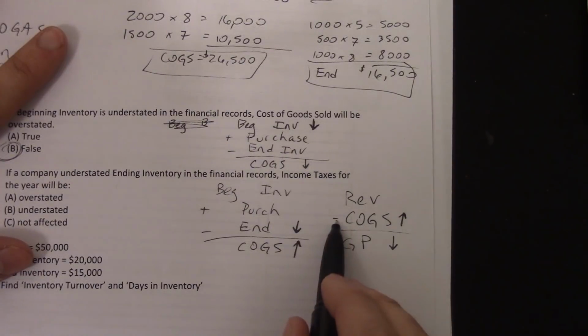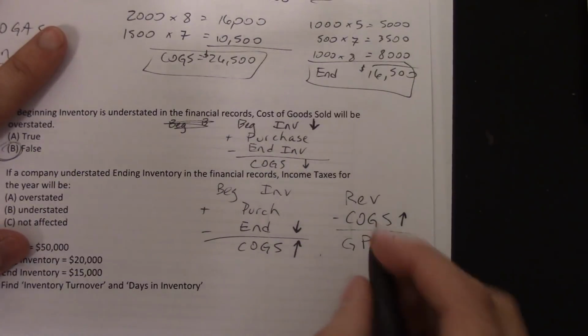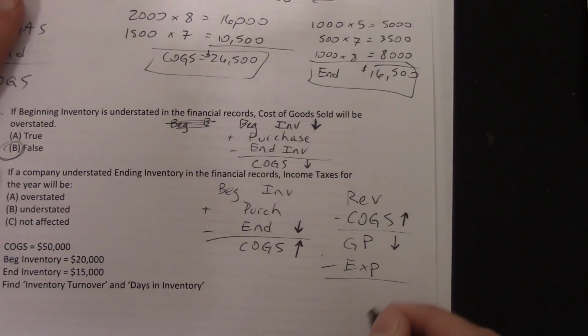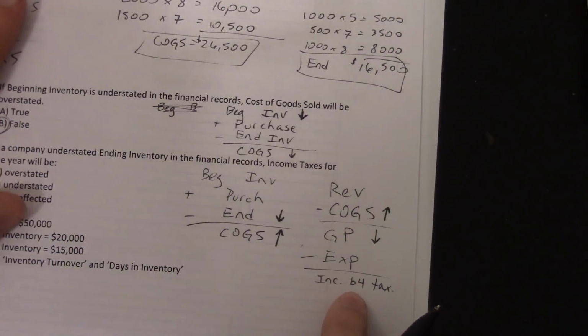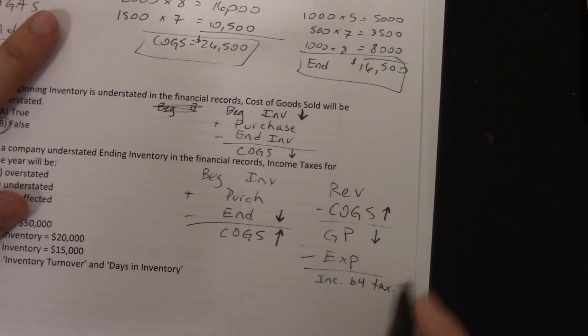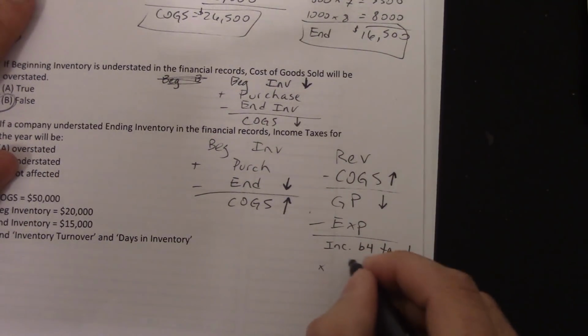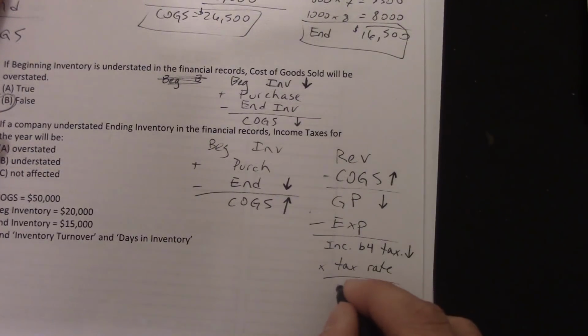If we're subtracting a large number, the answer will be smaller. And then we subtract all our other expenses, which gives us our income before taxes. How will that be affected? Well, if we have a small gross profit, that means we'll have a small income before taxes. And then we multiply that by the tax rate to figure out how much we owe in taxes.